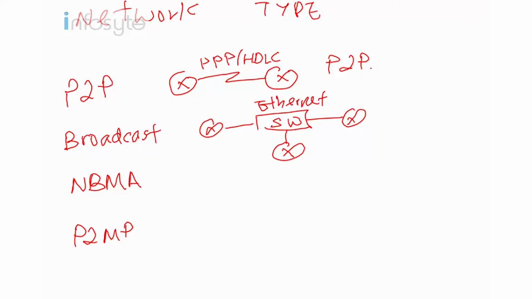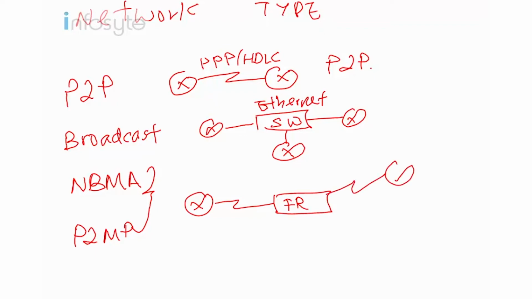So for NBMA and point-to-multipoint, you connect using frame relay or X.25. But the difference between NBMA and point-to-multipoint is how they are managed to each other.